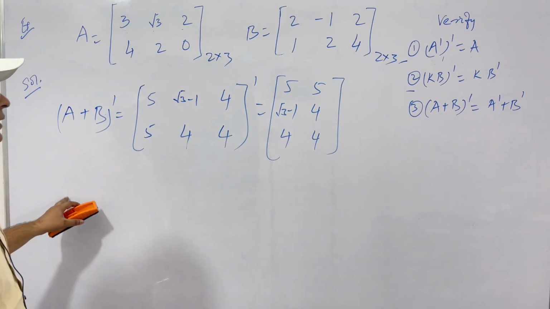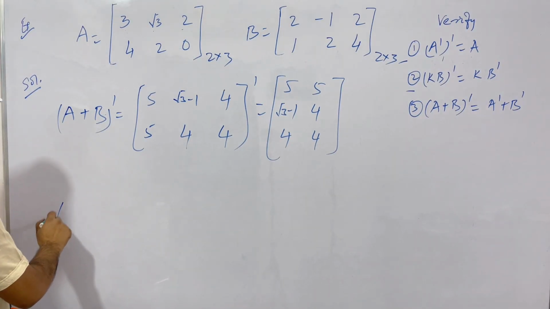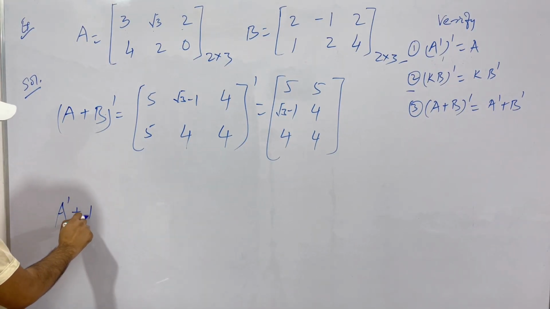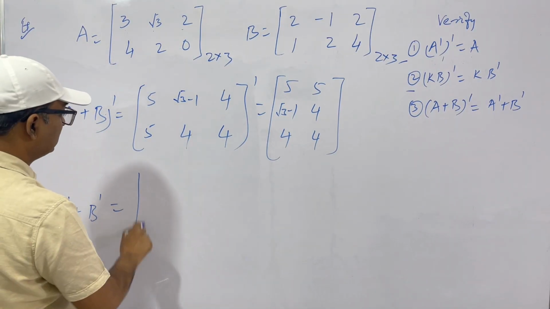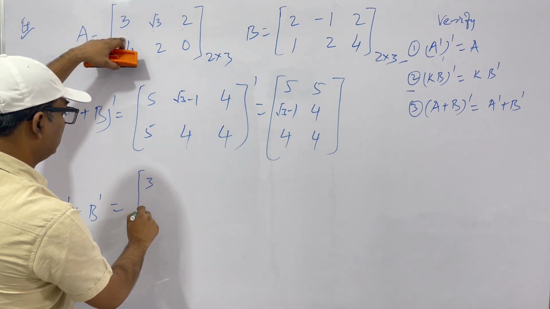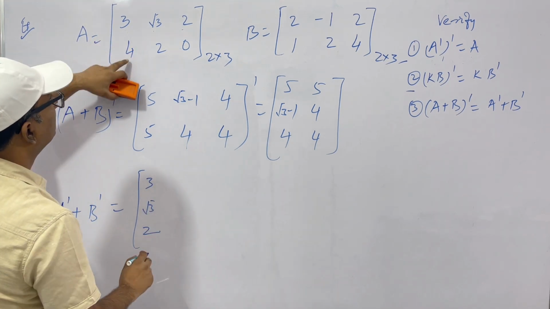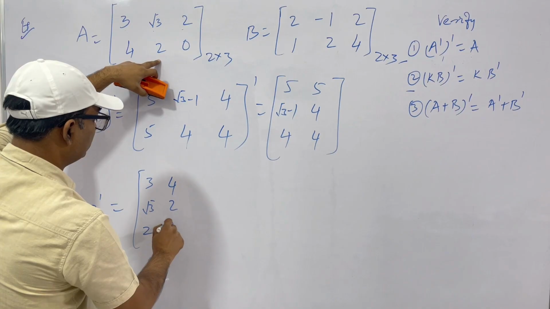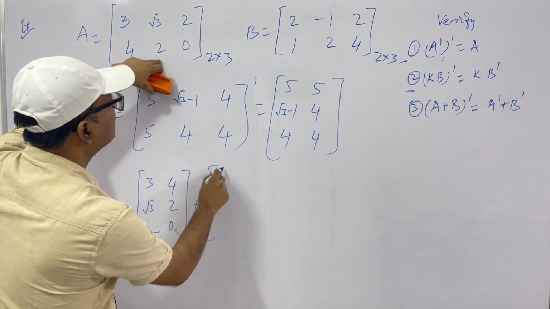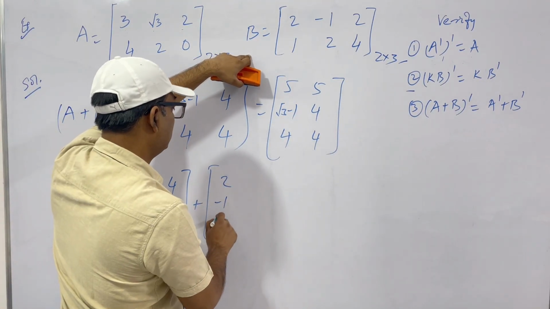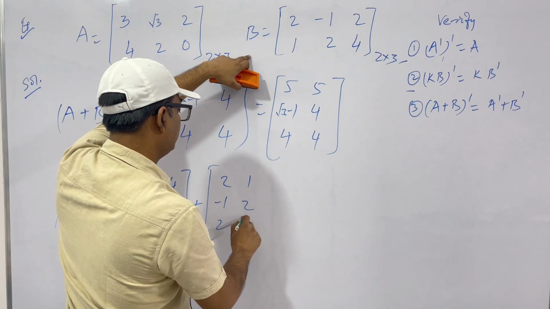Let's see the right hand side. First of all, we'll take A', then add it to B'. So what is A'? A is this, so this becomes 3, root 3, 2; 4, 2, 0. And what is B'? It is 2, -1, 2; 1, 2, 4.